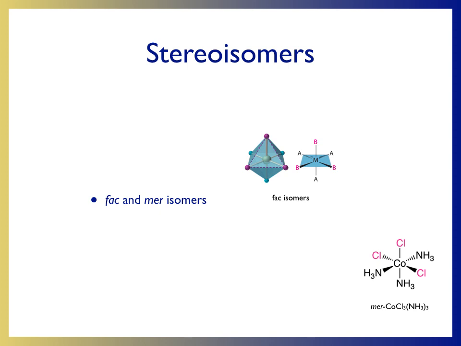In a FAC isomer, the 3 ligands are positioned around the triangular face of an octahedron. As with the cis and trans isomers, there are a few ways that you can do this. In a MER isomer, the 3 ligands are now positioned around the edge of the octahedral shape.